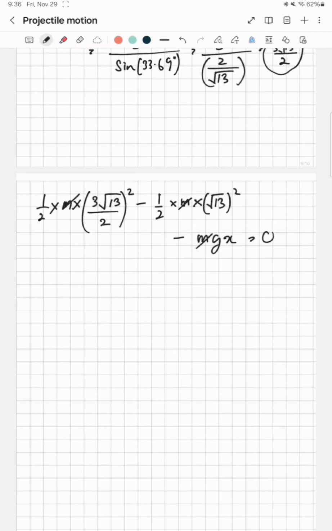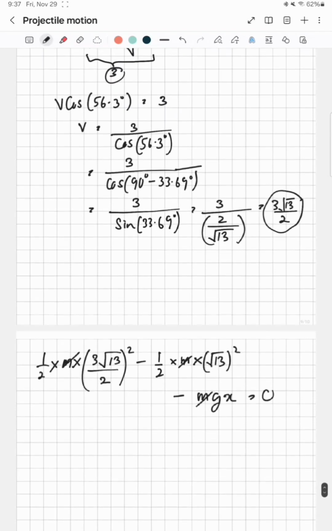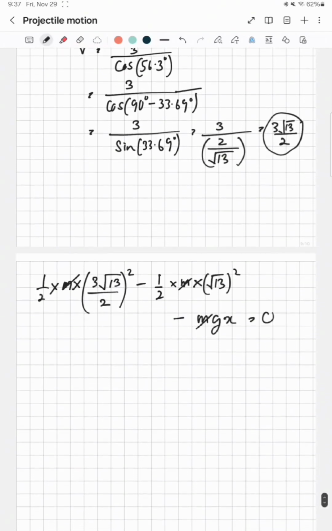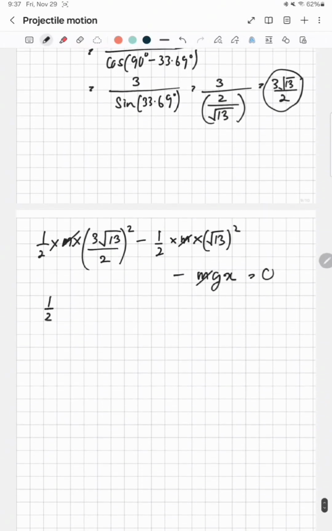3 root 13 over 2 squared is 117 over 4. So half into 117 over 4, minus half into 13, minus 9.8x equals 0.